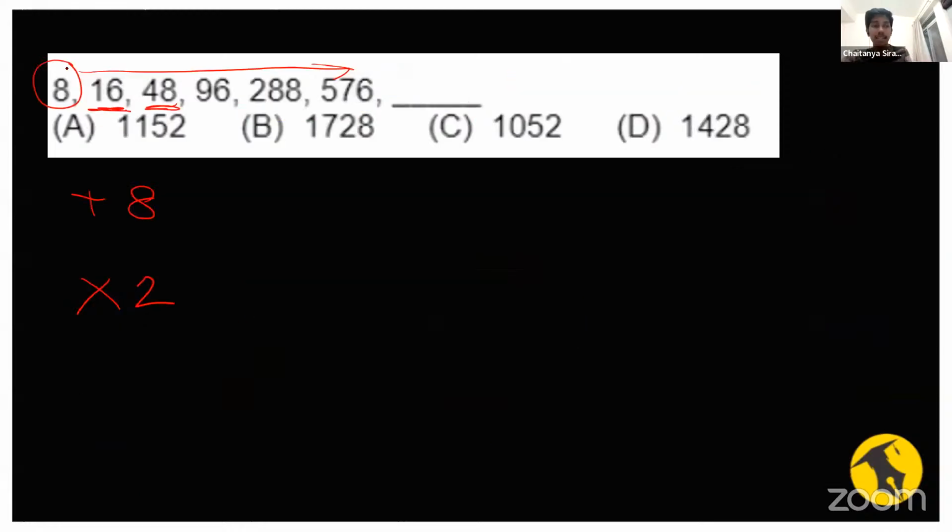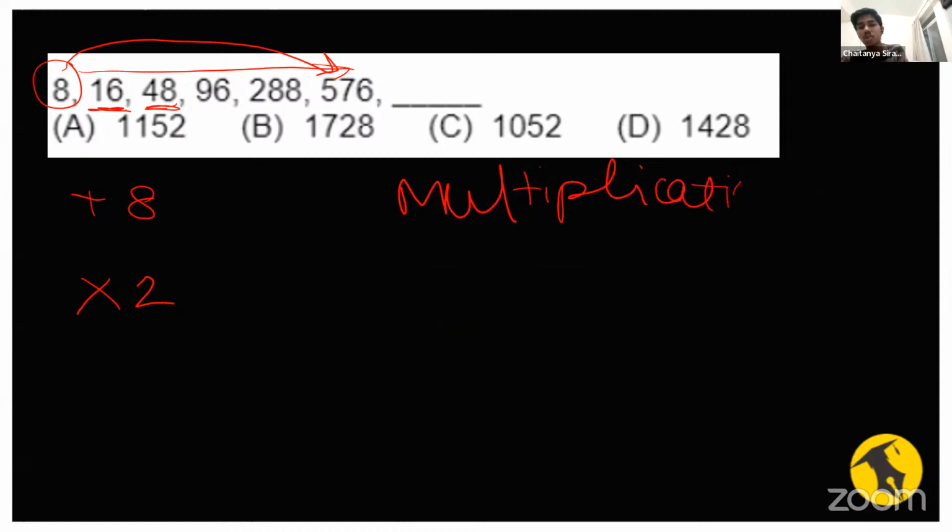However, in this case, it has gone up from 8 to 500 something. So this has to be a multiplication. There's no thumb rule I can give you to recognize how these patterns work. You just have to practice it so that you can recognize it.